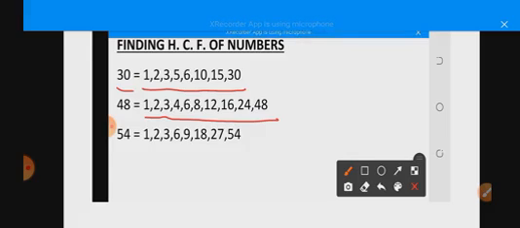Having understood what is meant by factor, we now proceed to common factors, just similar to the case of LCM. Common factors have to do with factors that are common to 2 or 3 numbers.